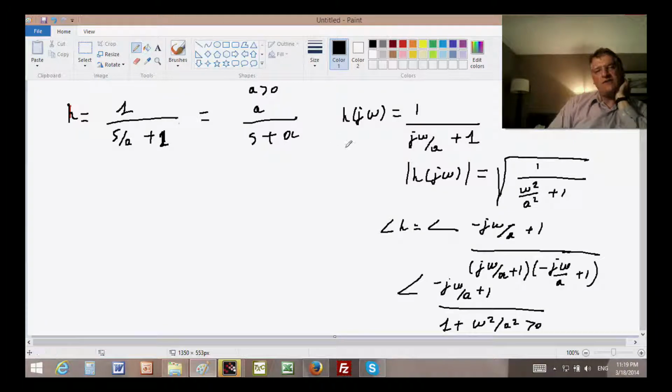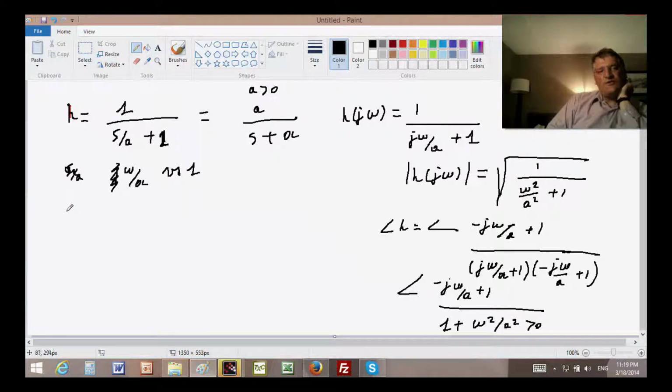Again, we can get some insight by computing this phase, but it might be easier just to go back to s over a plus 1 and do some simple observations. With s equal to j omega, we can compare j omega over a and 1. What that means is that we're comparing how big the imaginary part of this number is versus 1.